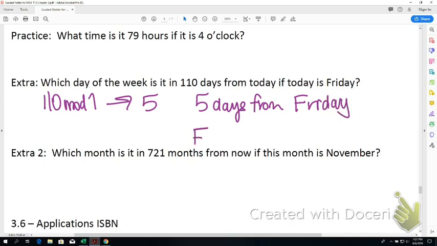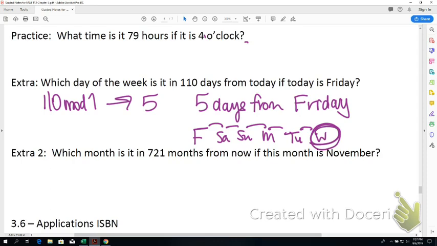So if we're at Friday, we have Saturday, we have Sunday, we have Monday, we have Tuesday, we have Wednesday. So 1, 2, 3, 4, 5. So Wednesday would be the day we want. Okay? That would be 110 days from today if today is Friday.